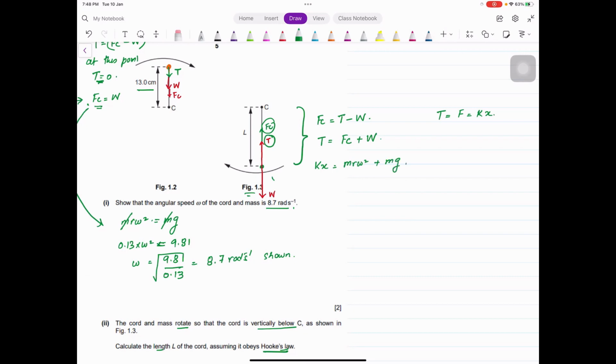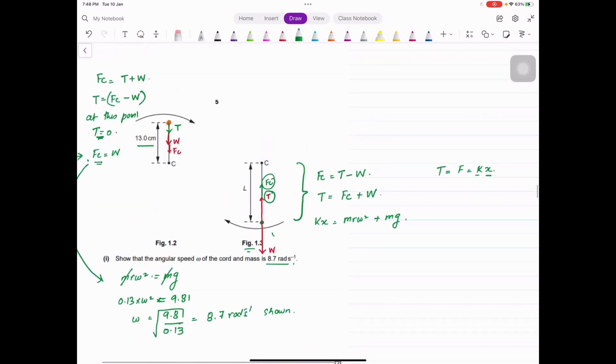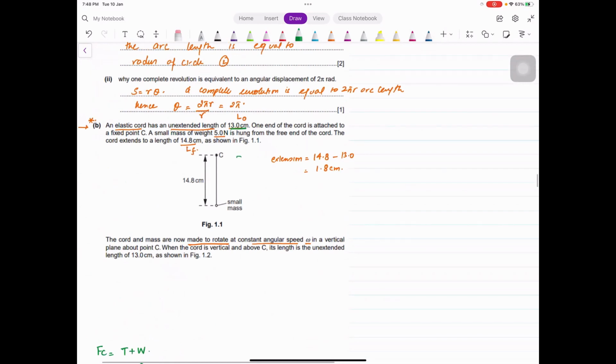Okay, now check this out. Because I want k and I know the extension, I don't know the extension really. So to find k, I could find k from the part where they gave us the very first figure, 1.1. We have the extension, we have the force, so we can use F equals kx.